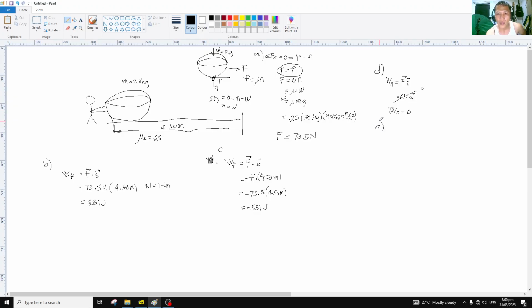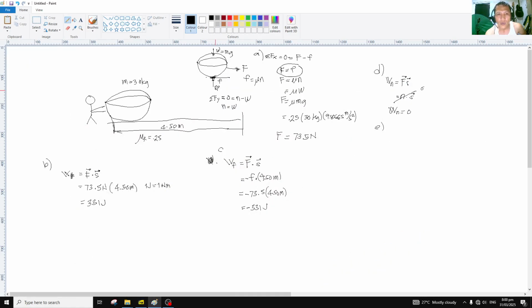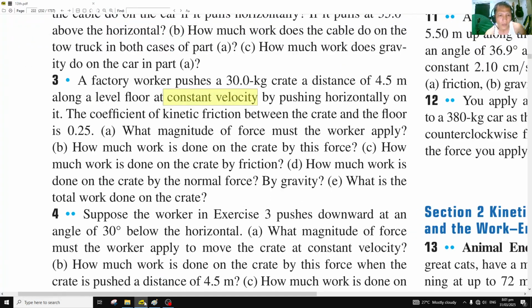Okay? How about ano pa? Letter E by gravity, ganun din. Yung gravity mo pababa. So meron ka bang displacement on your Y? Wala. So therefore, yung work ng gravity ay equal to 0 din. Kasi wala kang displacement along that force, weight or gravity.